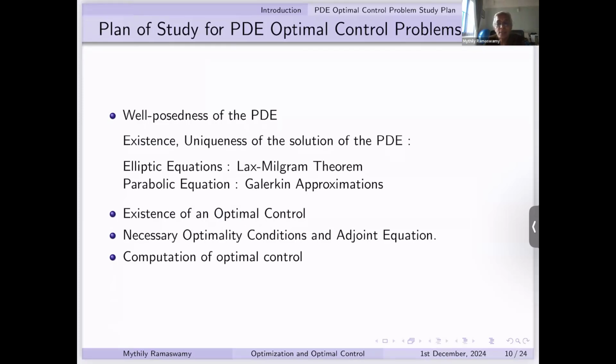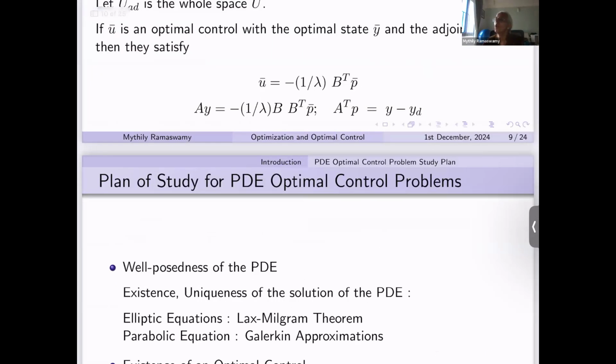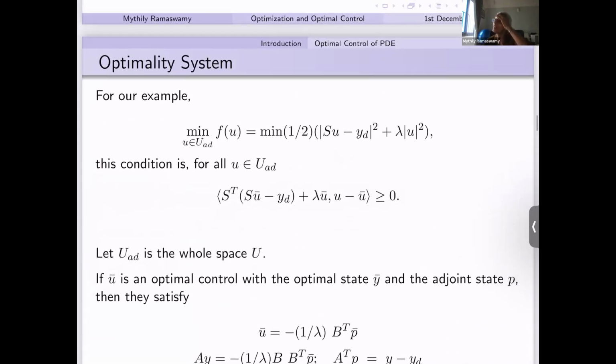And yeah, there are some questions. One is, can this lambda be seen as a Lagrange multiplier? No, the lambda is just a constant that we put to make the problem more amenable to solution.